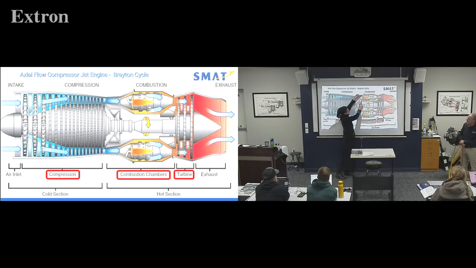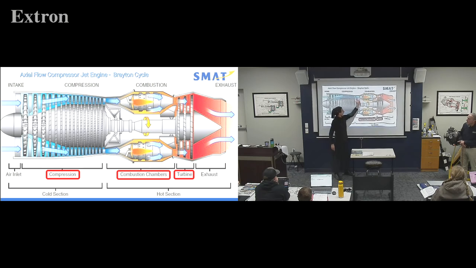What kind of duct is that? Divergent. So from here to here, what's happening with our pressure? Increasing. Bam! The entrance to the burner, also the exit of the compressor, also called the diffuser.